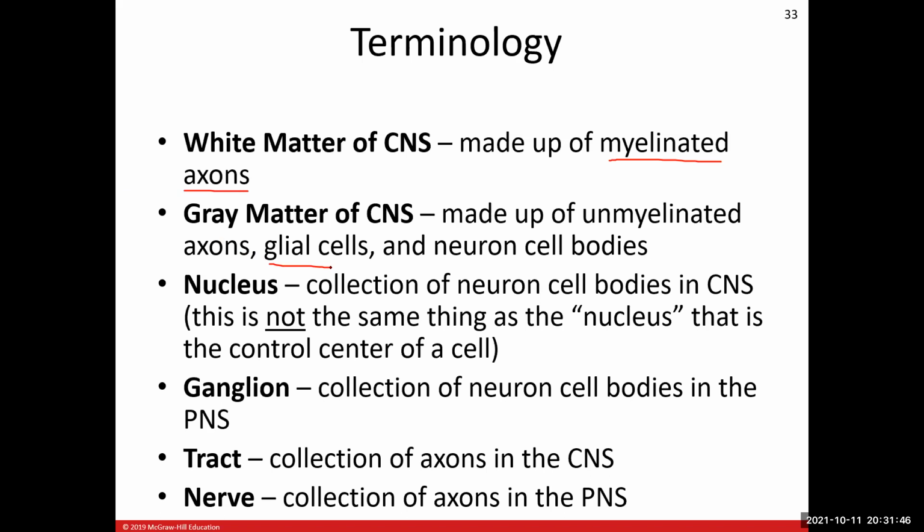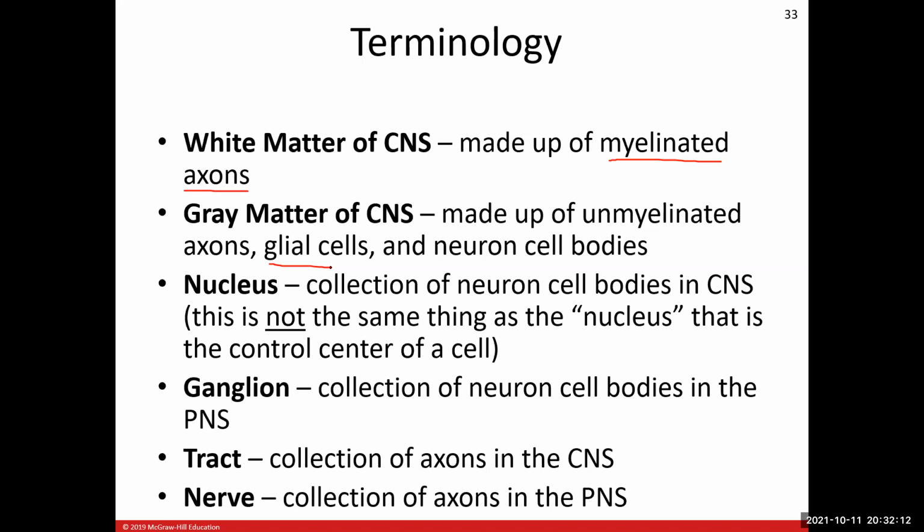All right, so these last four terms are going to be location specific. Let me repeat that. These last four terms are location specific. If we're dealing with the peripheral nervous system, we're going to call a specific structure one name.